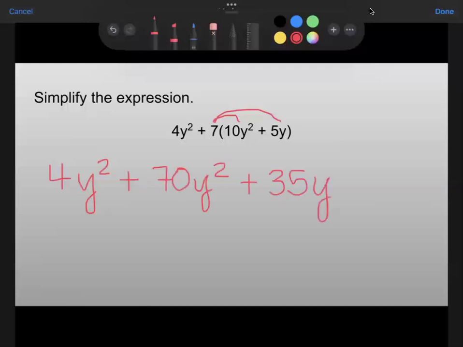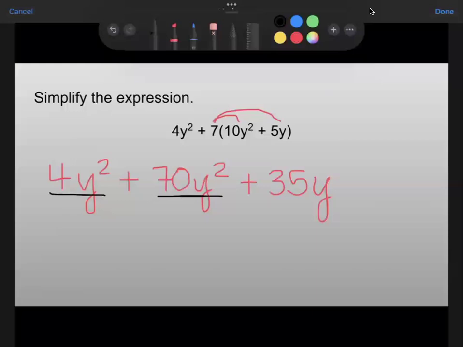Okay, now we can go through and look for like terms. Now remember, like terms have the same variable to the same power. So even though all of these have y, only 2 of them are to the second power and 1 of them is to the first power. So I cannot combine the ones that have the second power with the ones that have the first power. That will not work. But I can combine these two because they both have y to the second power.